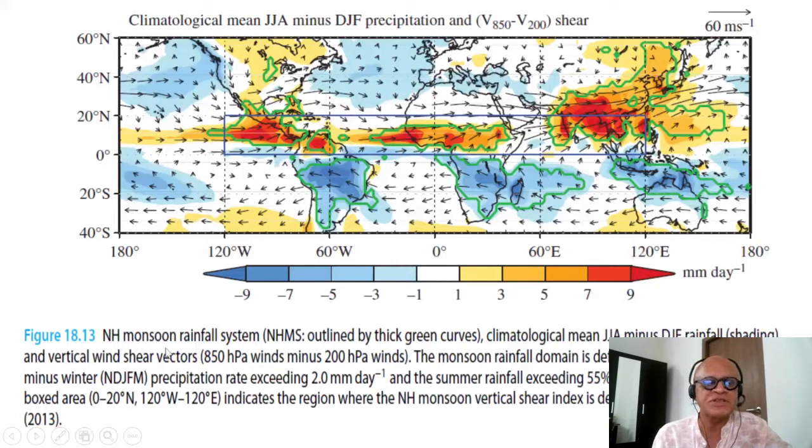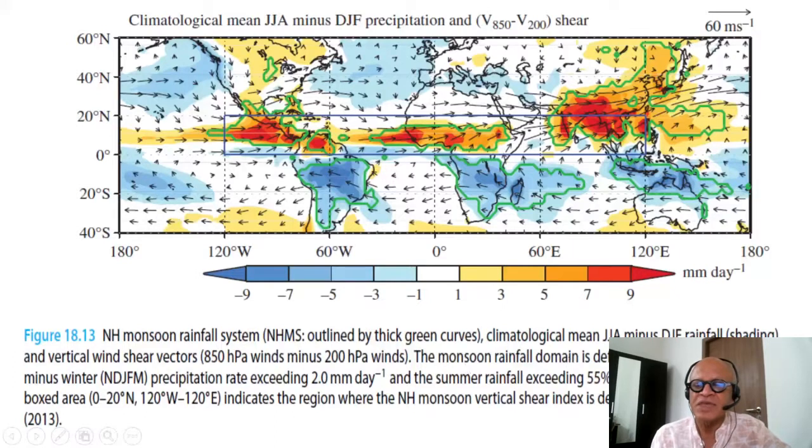So shown here is the Northern Hemisphere Monsoon System, NHMS, climatological mean JJA minus DJF rainfall in colors, and vertical wind shear vectors, 850 hectopascal winds minus 200 hectopascal winds. Remember the Webster-Yang index, for example.